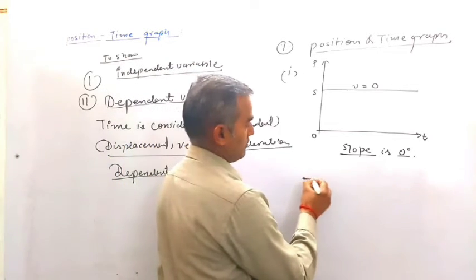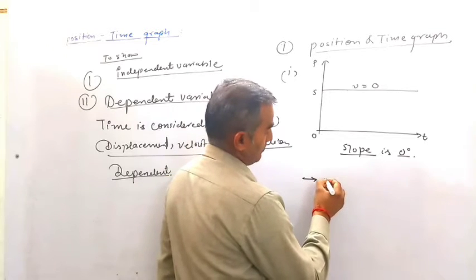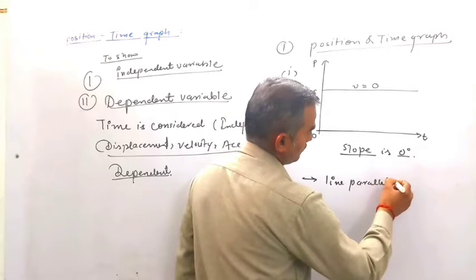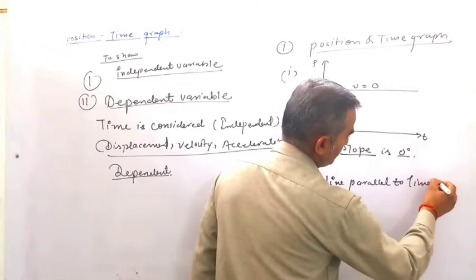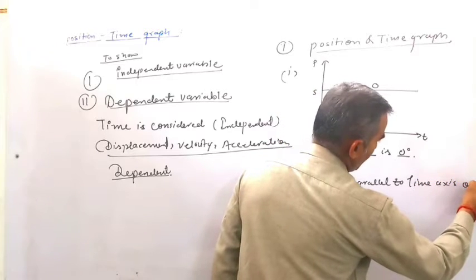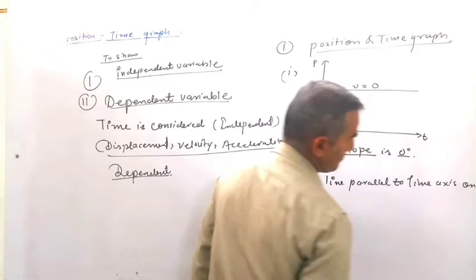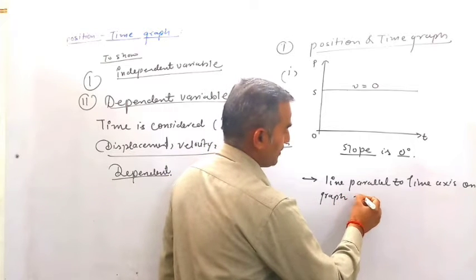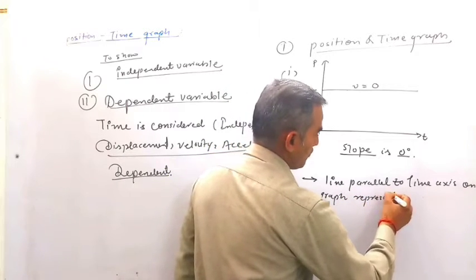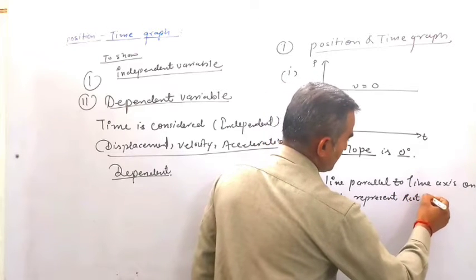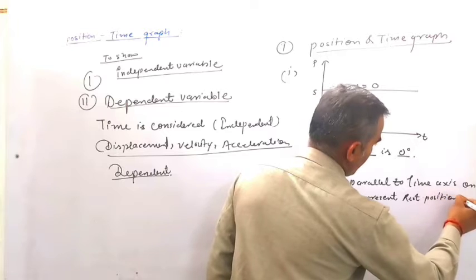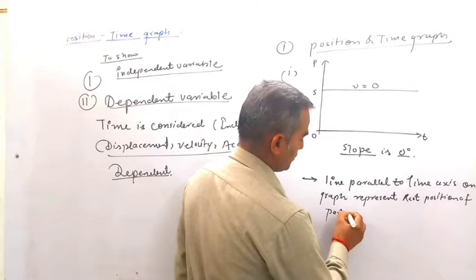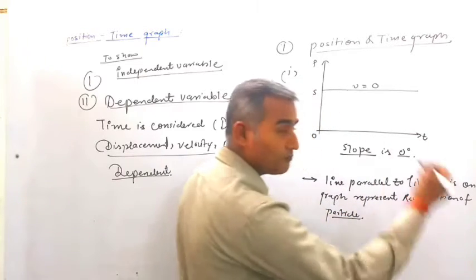Therefore, what is the point? The point is that a line parallel to time axis on ST graph, position time graph, represents the rest position of particle, rest position of particle or body.